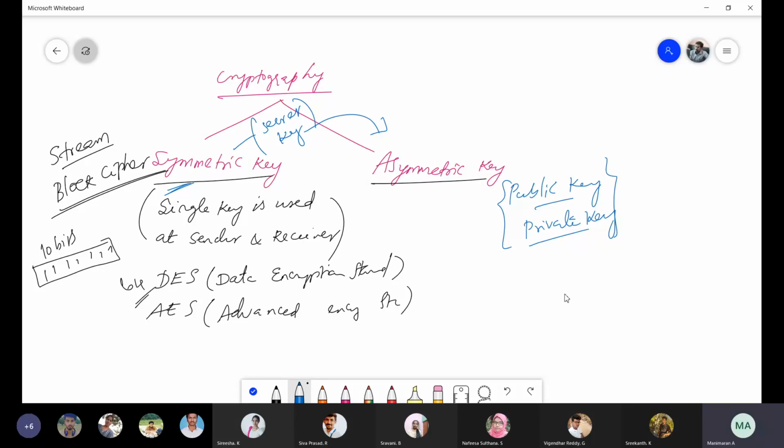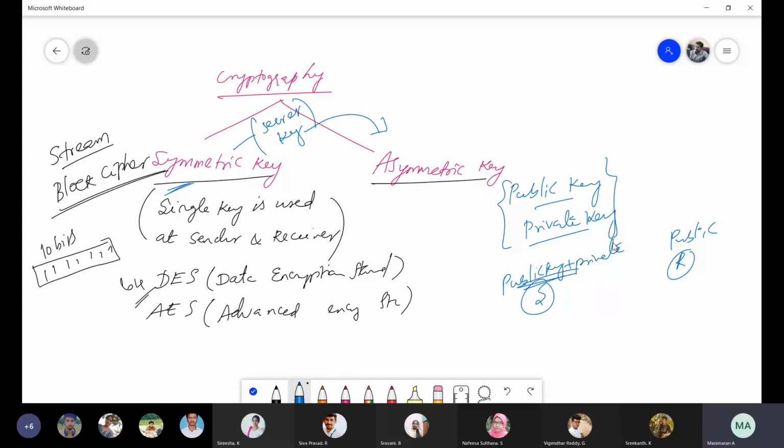So in asymmetric key cryptography, here the sender is there, here the receiver is there. The sender is using both public key and private key. The receiver is using only public key.